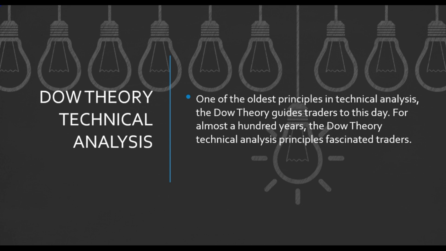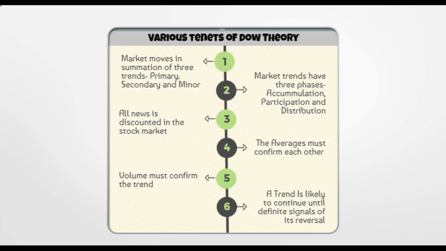Now, one of the oldest principles in technical analysis is Dow Theory, and Dow Theory guides traders today. For almost 100 years, Dow Theory technical analysis principles have fascinated traders. And the basic tenets of Dow Theory are that the markets move in summation of three primary trends: the primary, the secondary, and the minor.